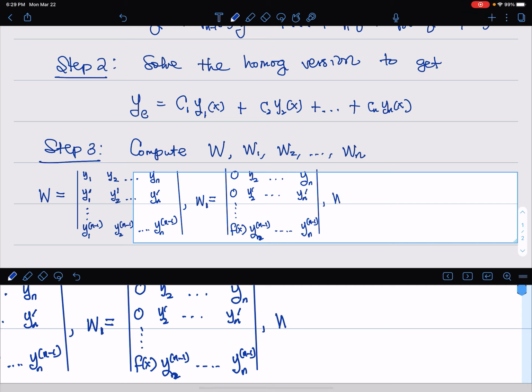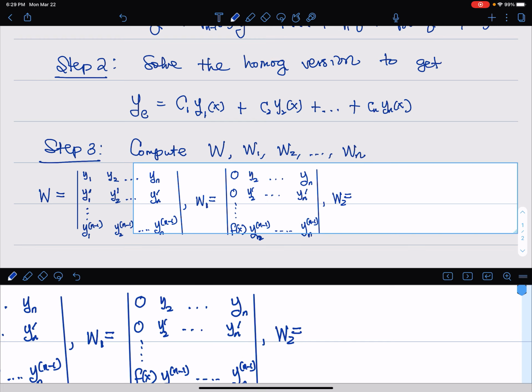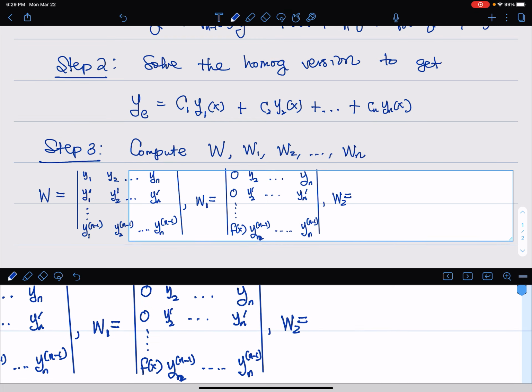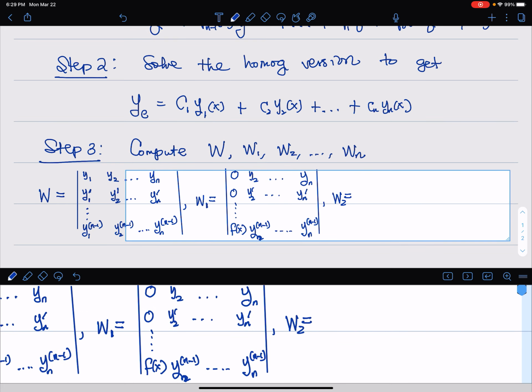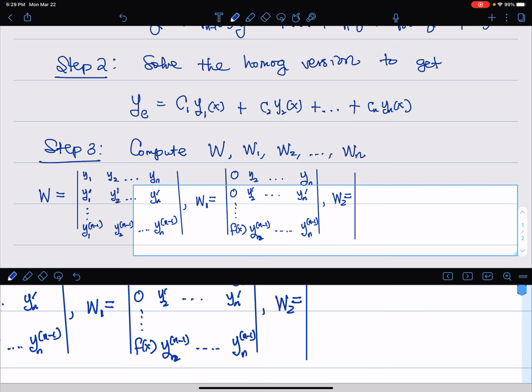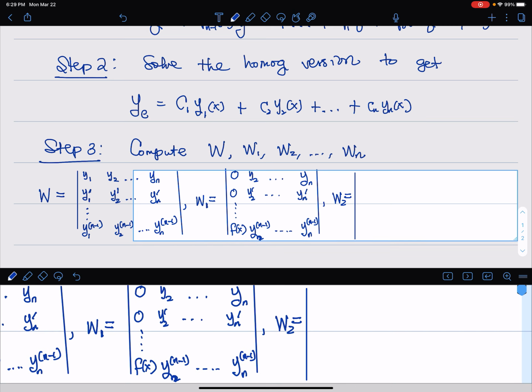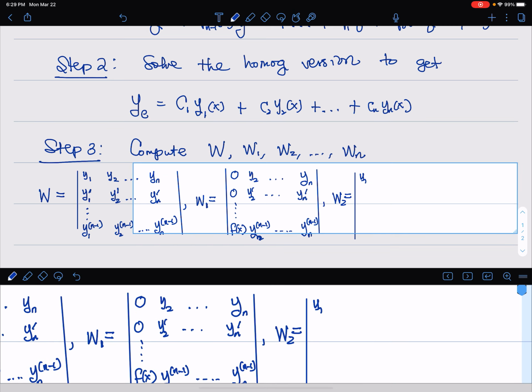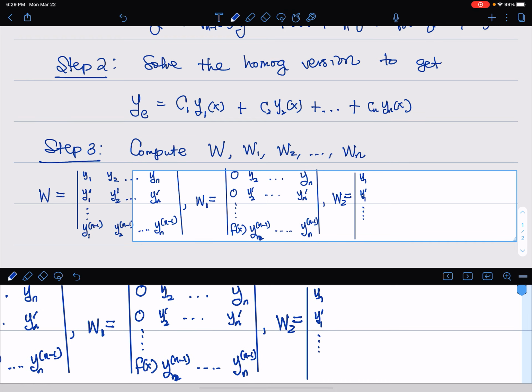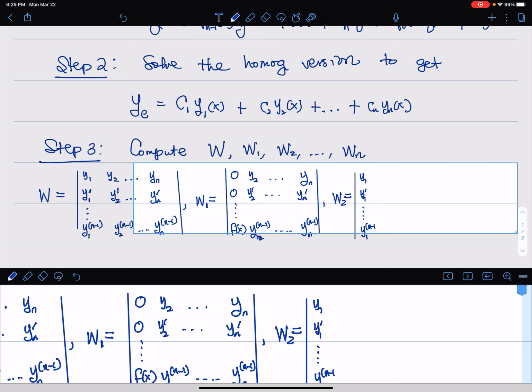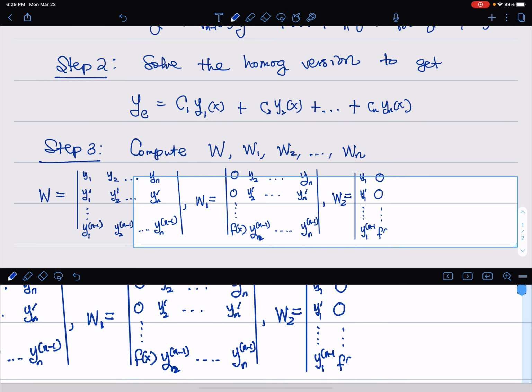W2 would be something similar, but instead of putting the zeros in the first column, we put them in the second column. On the first column, we have our y1, y1 prime, all the way to y1 n minus 1. Then the second column, we have zeros because we're dealing with W2, zeros all the way to the end, where we put f of x.